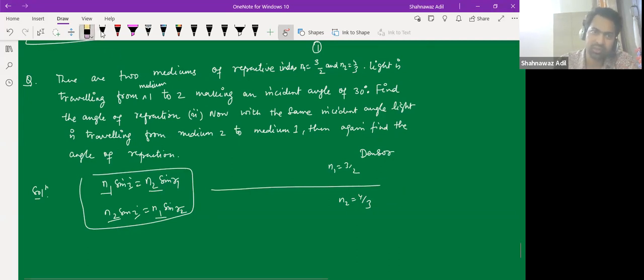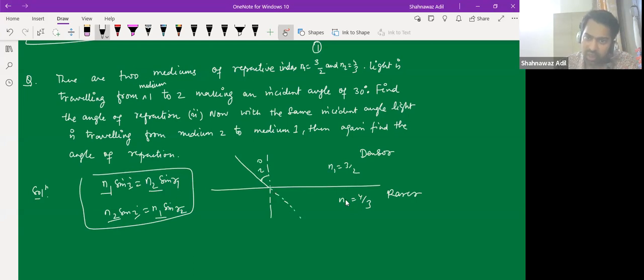So let's say we are going from one, and the incident angle is here. This is the normal ray, this is the incident angle, and this is the actual path.